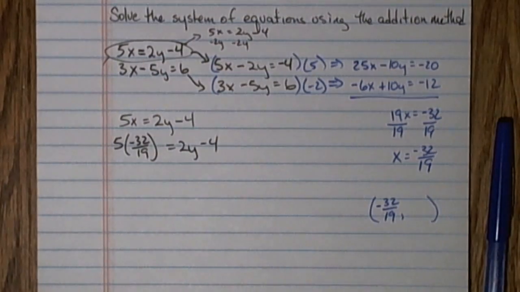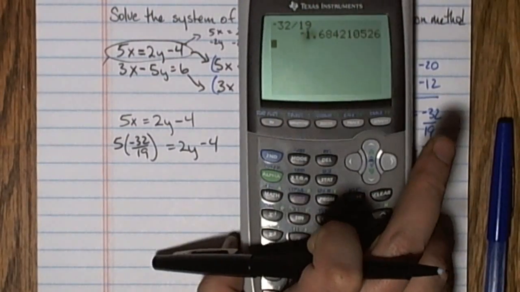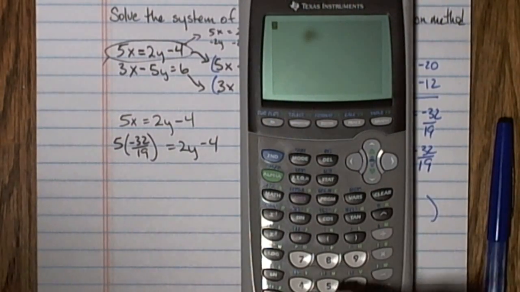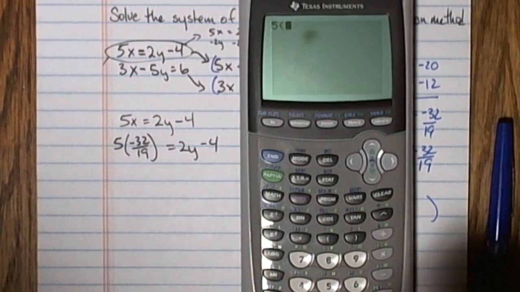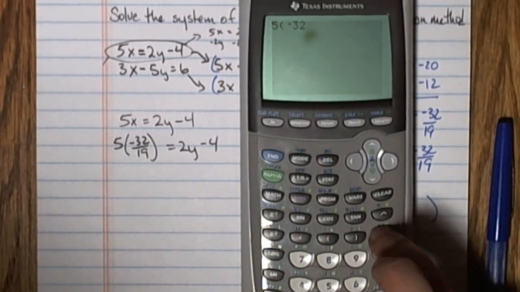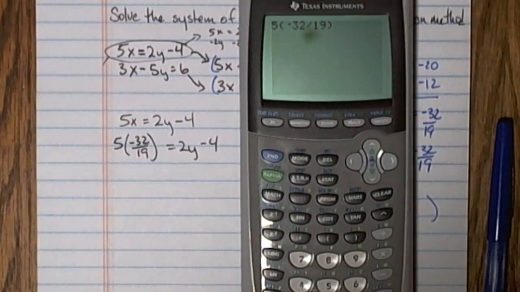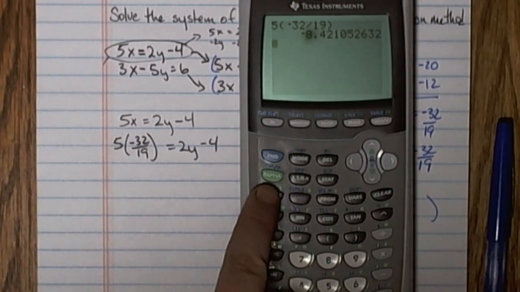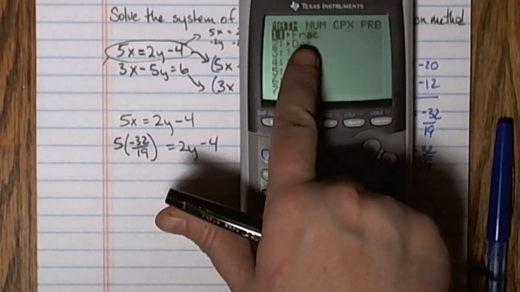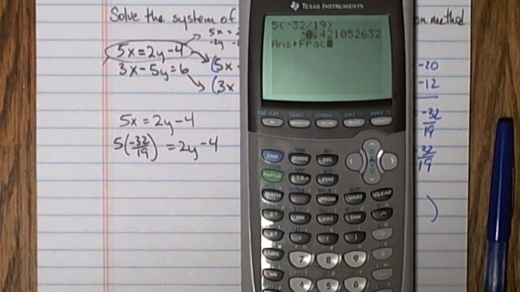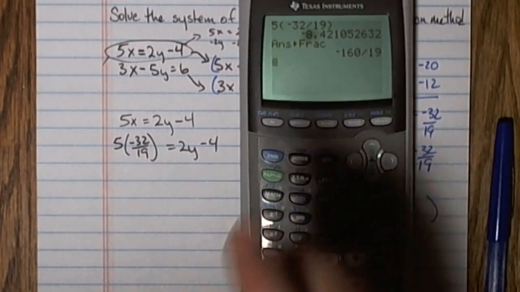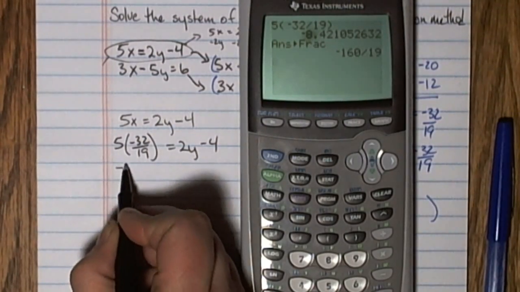I'll do that right on my calculator. I'll take 5 times negative 32 divided by 19, again with the fraction in parentheses. Hit enter. It gives me the decimal approximation, so I hit math, then enter to choose change to fraction, and enter again to complete that. So I get negative 160/19.